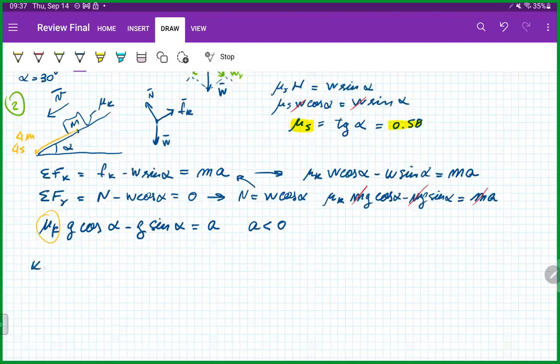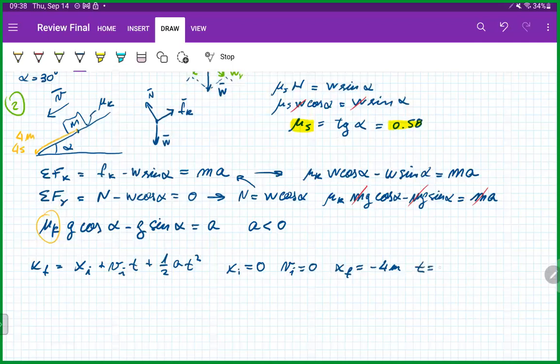The final position is going to be initial position plus initial speed times t plus 1/2 of the acceleration times t squared. We can call x initial 0, right where the block starts moving. V initial is going to be 0 because it's at rest at first. And then x final is minus 4 meters, because it's going against the x-axis, it's going down, and t is going to be 4 seconds.